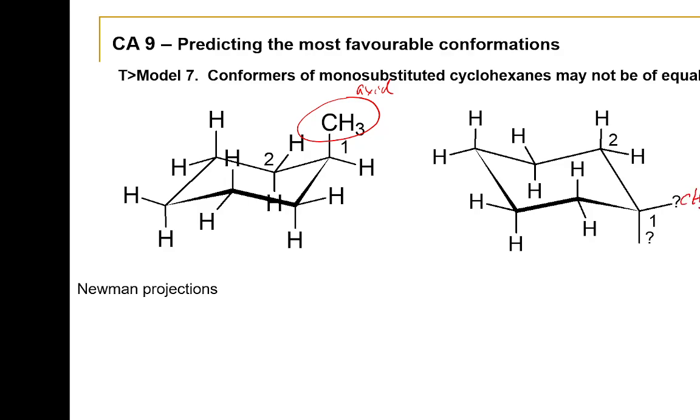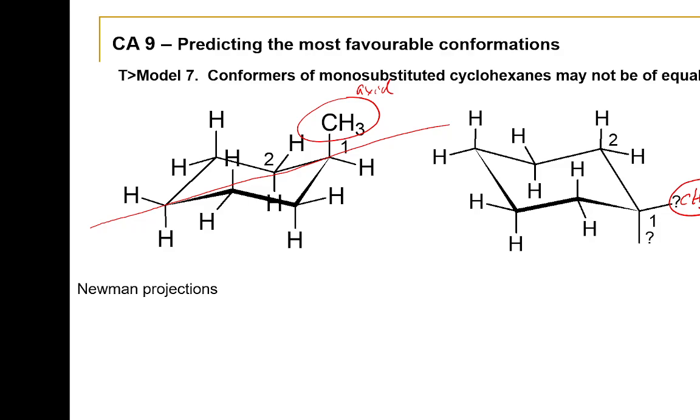It'll be there. The other thing to notice is, again, imagine that there's this sort of plane, and I'm sorry, my line's not going to look quite like a plane, but any group that is above the plane of the ring will be above the plane of the ring in both conformers. So that CH3 is above the plane of the ring. And it's clear in the first conformer, in that axial position pointing upwards.